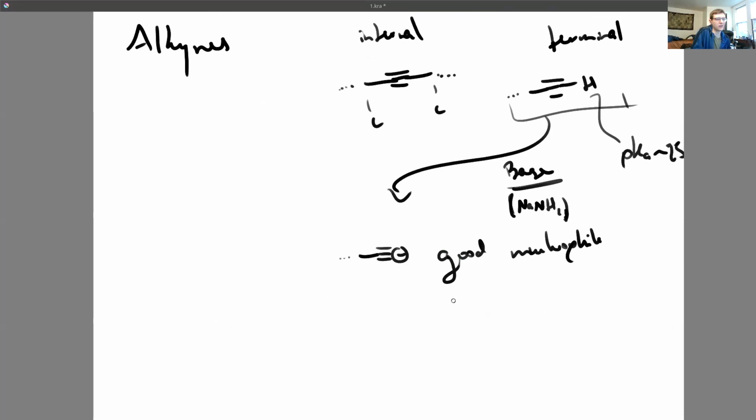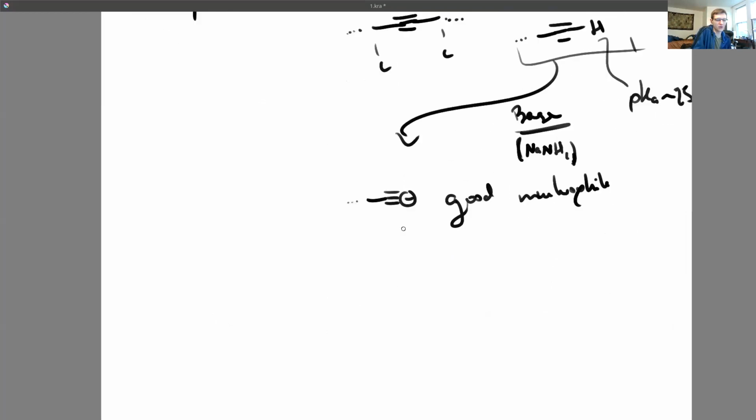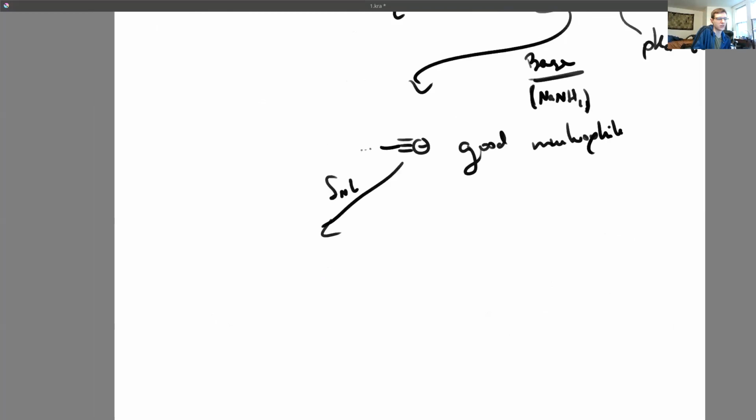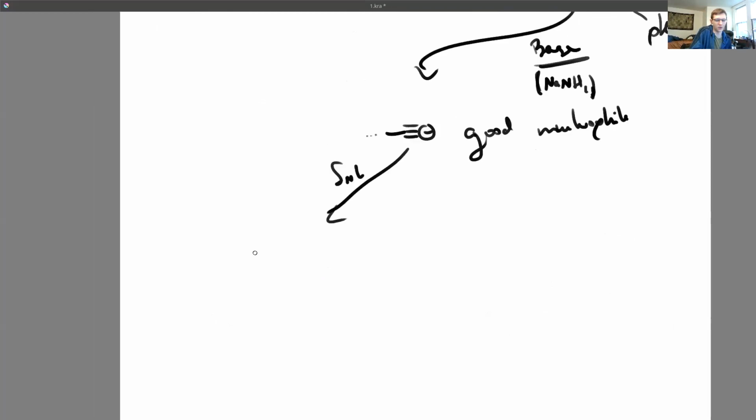And once we have this, we could do one of two things, right? So there's the old route, which is that we could do SN2, okay? And so this is just to displace, right? Because it's a good nucleophile, okay? We've seen it.